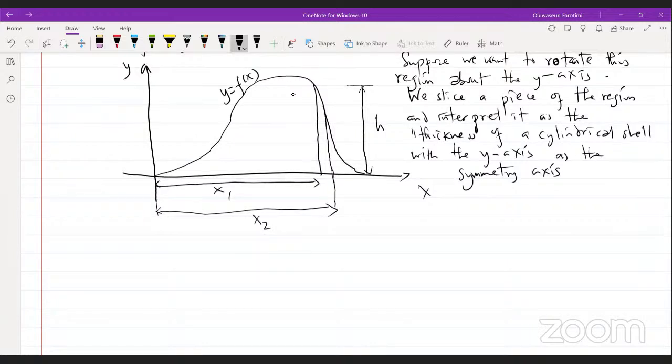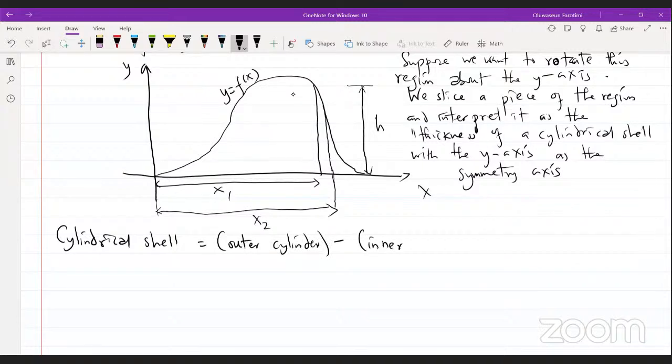Okay, so what do we know, guys? The cylindrical shell is going to be the so-called outer cylinder subtracted from the inner cylinder. So here we're not talking about outer radius and inner radius, we're actually talking about cylinders.